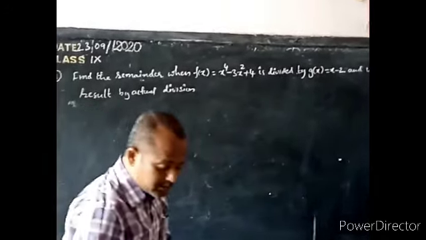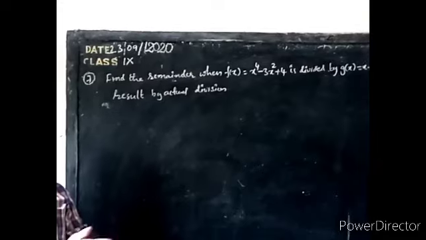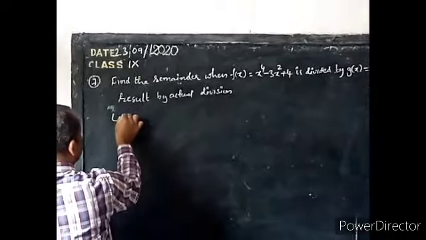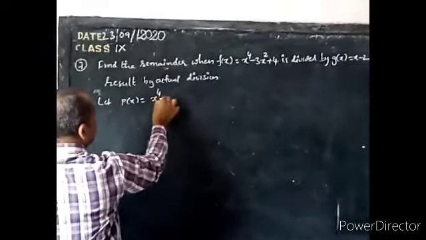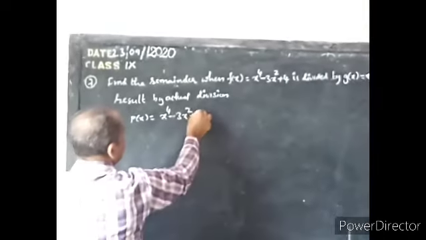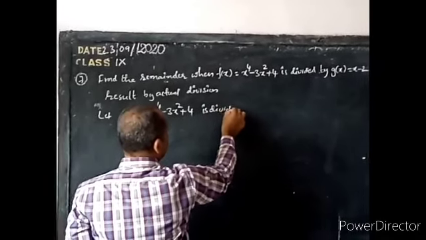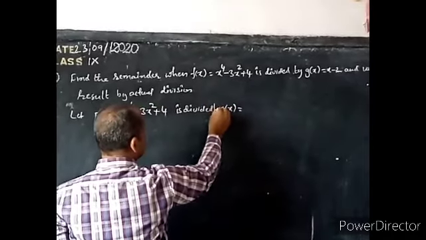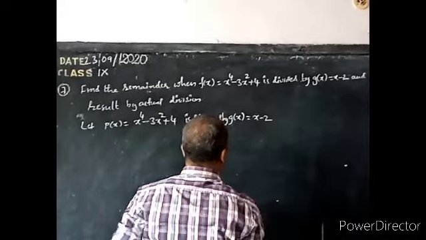For this problem, we have to find the remainder as per the remainder theorem and then by actual division. Check whether both remainders are the same or there is any difference. First, let p of x be the given expression: x power 4 minus 3x square plus 4, divided by g of x. g of x is how much? x minus 2.